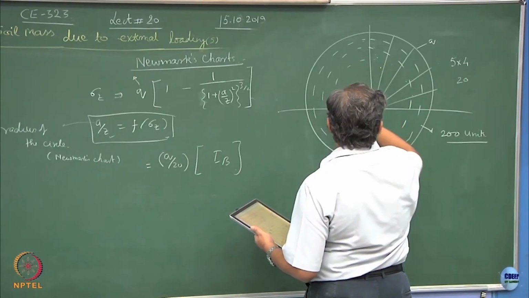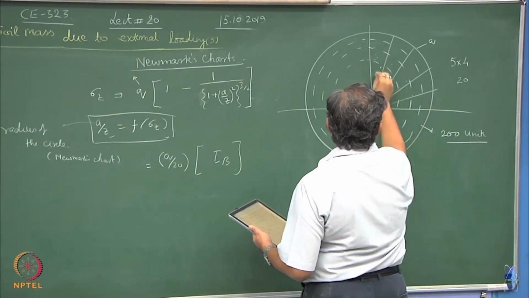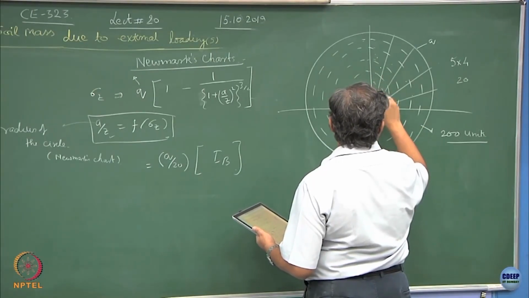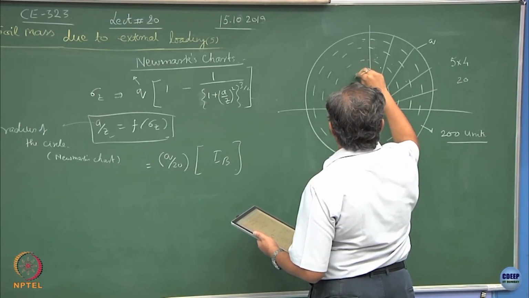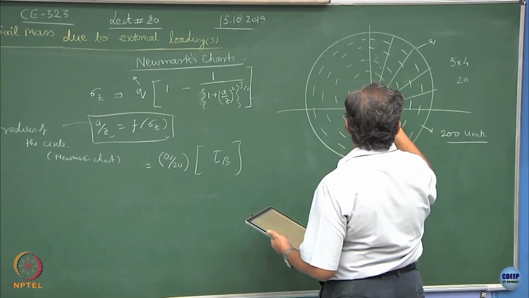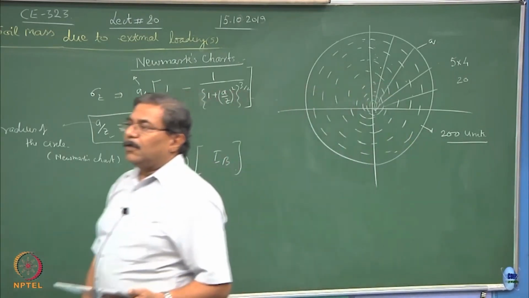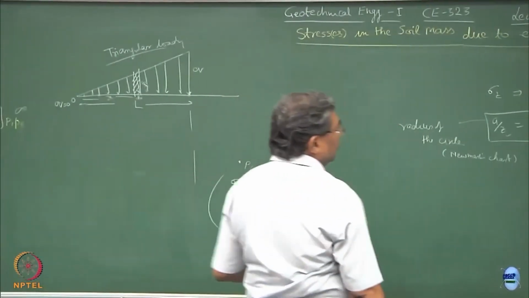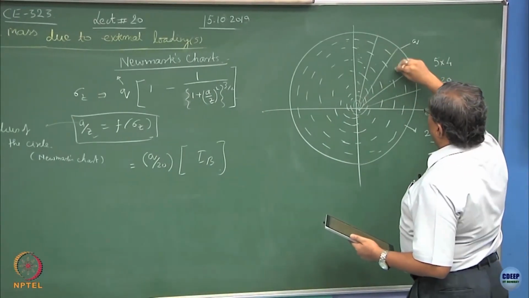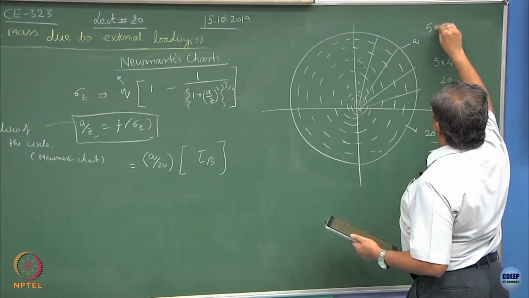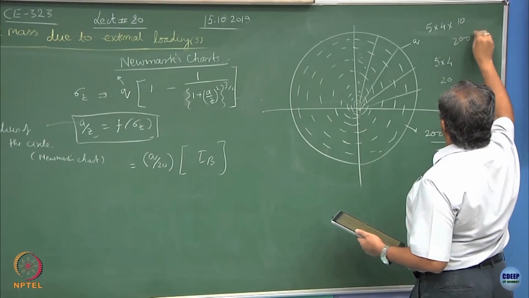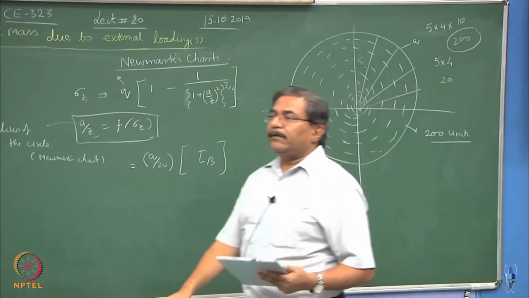If you draw the 10 circles, how many elements have I created? From one circle, 5 into 4 into 10, that is 200 units, fine.